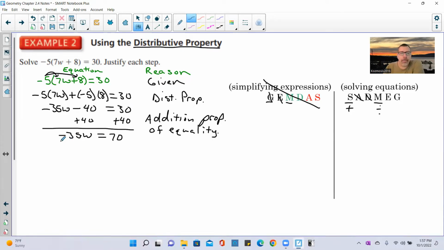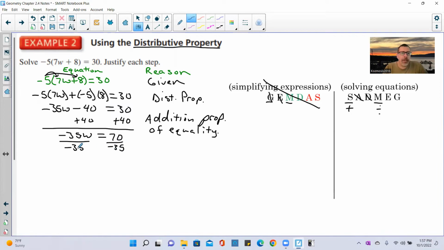So we're going to divide by negative 35. So that would be my explanation. Divide both sides by negative 35. Okay, and these cancel. Actually, I don't need that line. That just confuses things. Divide by negative 35.